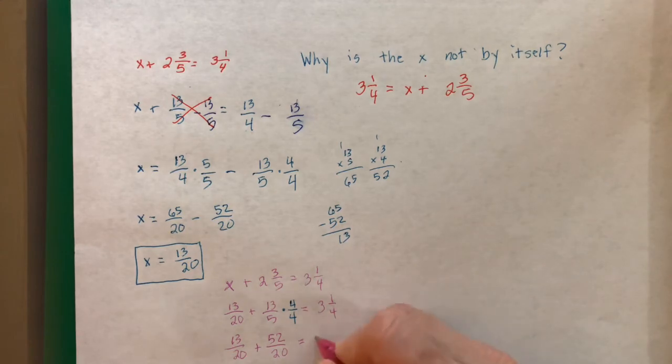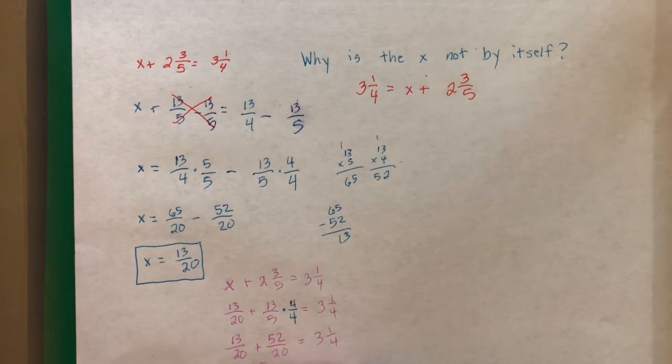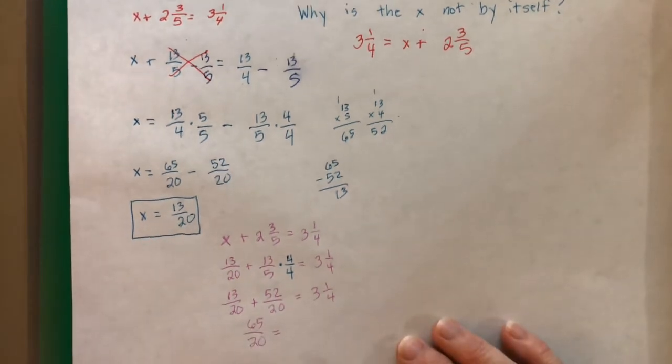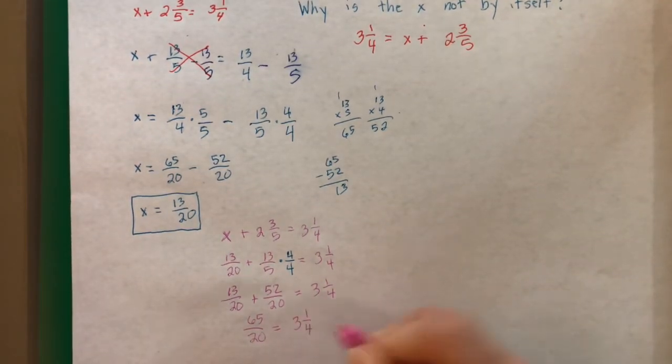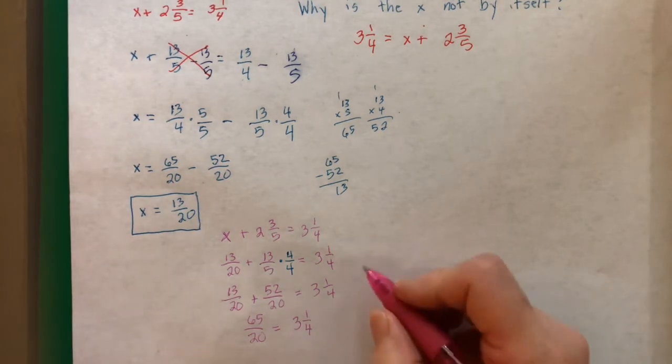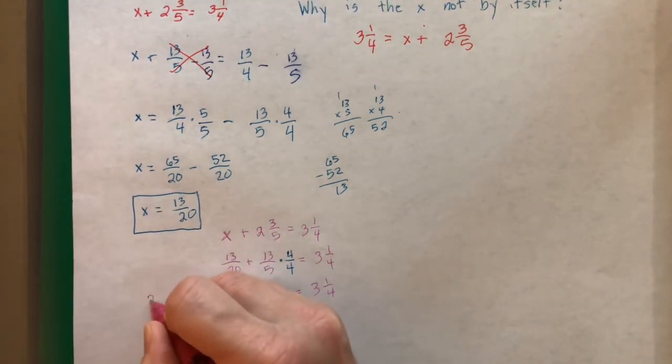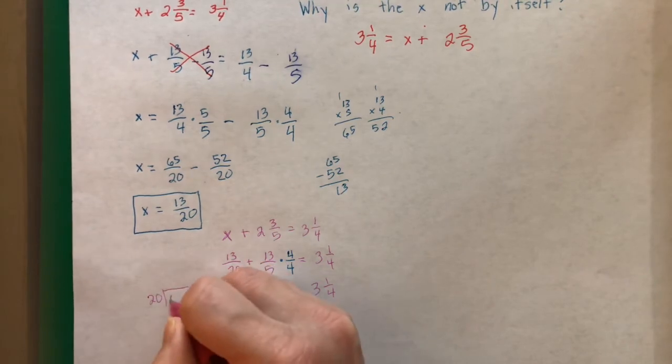Actually I'll just leave it as 3 1/4, but you could make it an improper fraction. So I'm going to get 65/20 equals 3 1/4. Now, I would have to go over on the side and figure out my fraction.